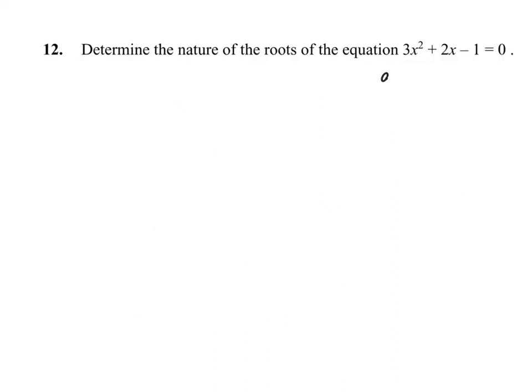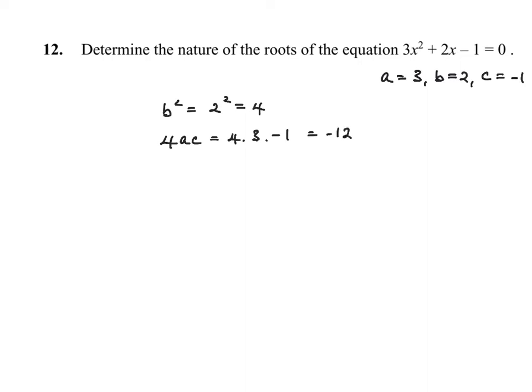So a has the value 3, b has the value 2, and c has the value minus 1. b squared is 2 squared, which is 4. 4ac is 4 times 3 times minus 1, and that's minus 12. b squared minus 4ac is 4 minus 12, and that equals 16.